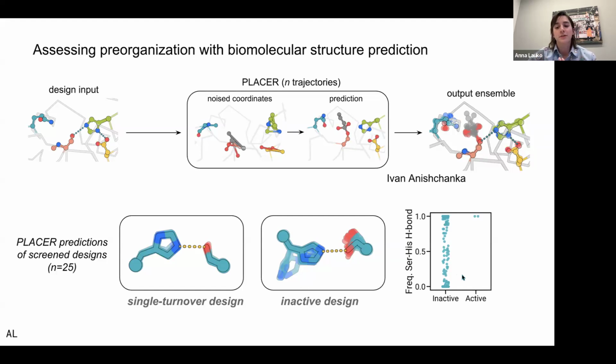And what was really interesting is that when we looked at which of these designs that we had screened did actually perform this single turnover catalysis, the two that we had found that were active, always in the Placer prediction, they were forming this hydrogen bond. And so we had this suspicion that maybe they were active and the others weren't because of this contribution of pre-organization to catalysis.